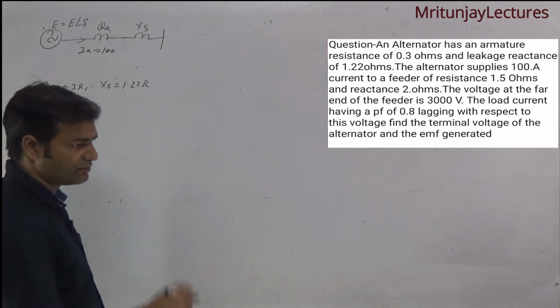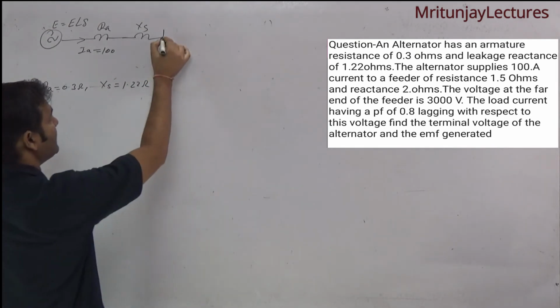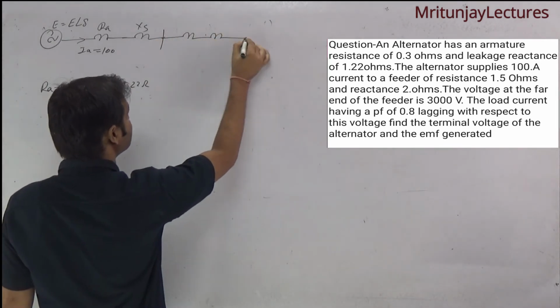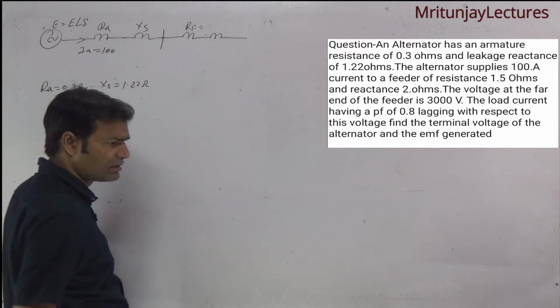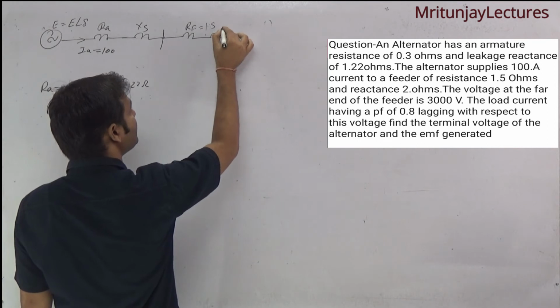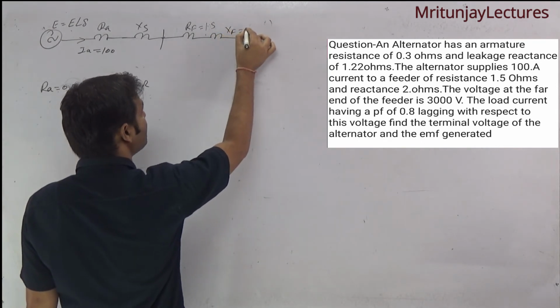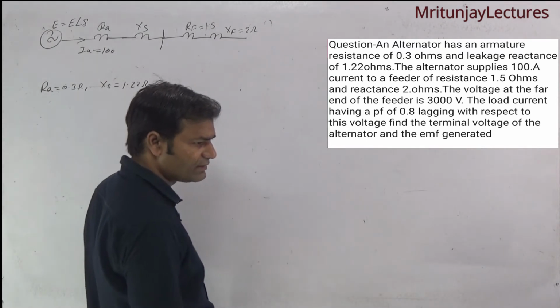Clear? Now a feeder resistance is connected to the feeder. This feeder resistance RF is 1.5 ohm and the feeder reactance is 2 ohm.